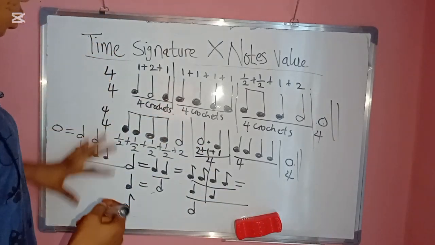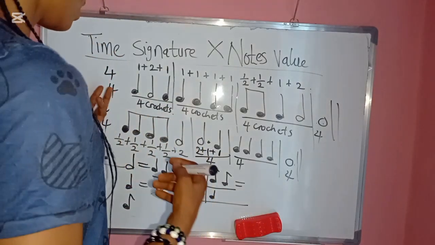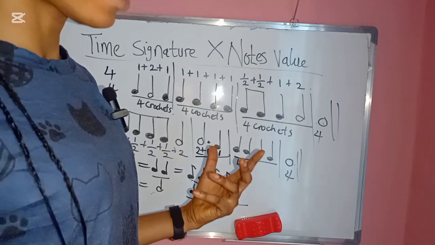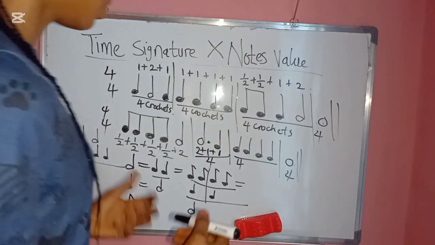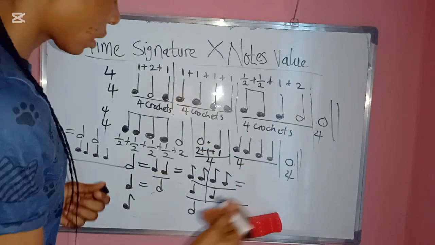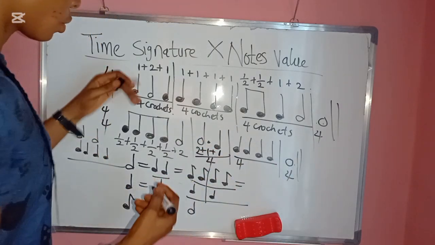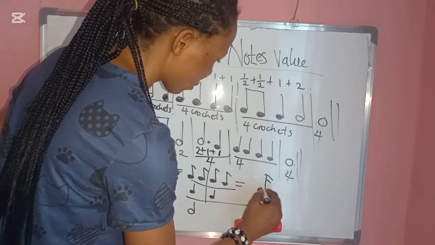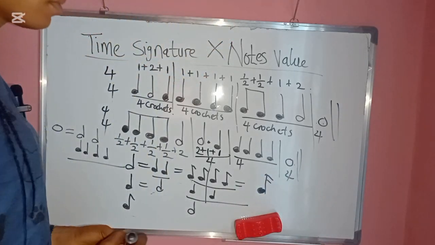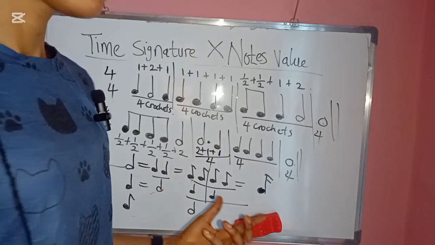For instance, in this music now, if we are to consider which note will carry a quarter beat for this time signature, you discover that the note that will take the place of a quarter beat for crochet will be a semiquaver. So you see how it works now.